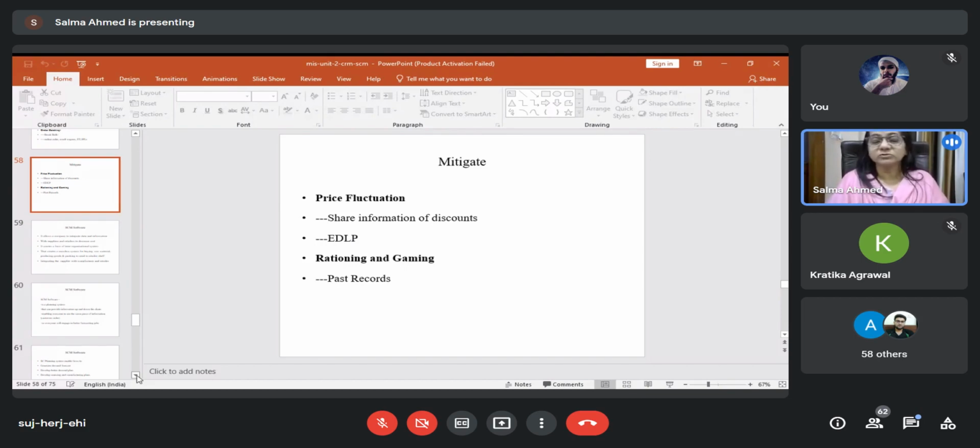So even if I ask for 100 units, he's going to give me less than that. So the buyer, say the retailer, tries to increase the demand. Instead of ordering 100, which is the actual demand, he orders 400, knowing that if I order maybe 200 or 300, the wholesaler will give me less than what I've asked, because at his end he also needs to distribute to so many retailers.